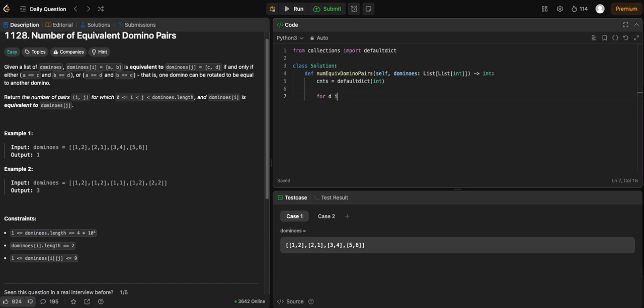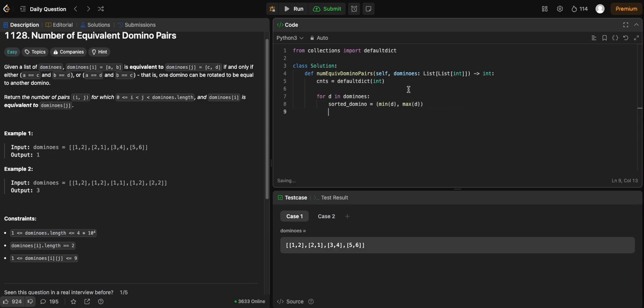So for d in dominoes, what we want to do is set the sorted domino to be equal to the minimum of d and then the maximum of d, and we can put this as a tuple.